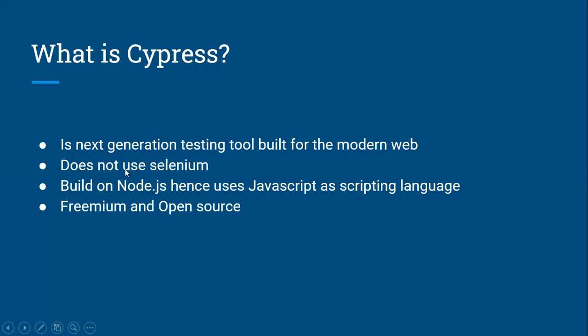And Cypress does not use Selenium. It is built on Node.js, so you can use JavaScript as the scripting language. And like Selenium, it's a free and open source tool.